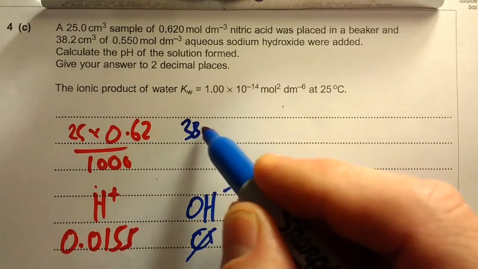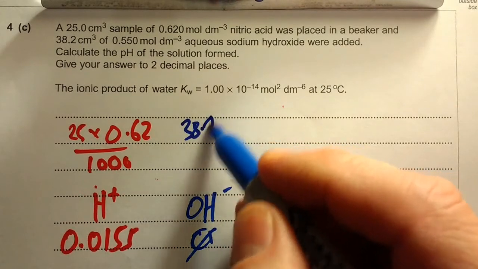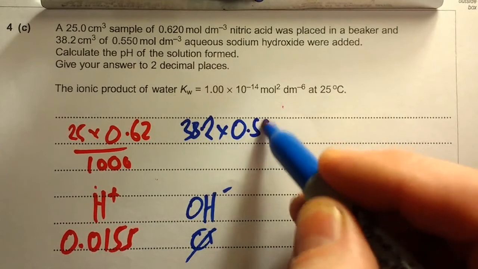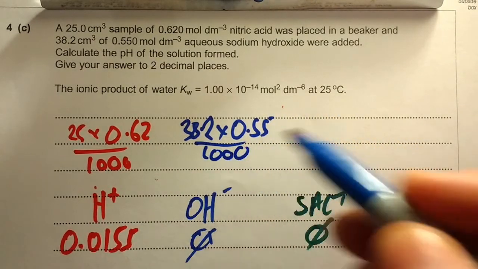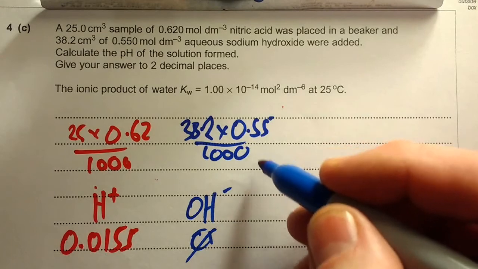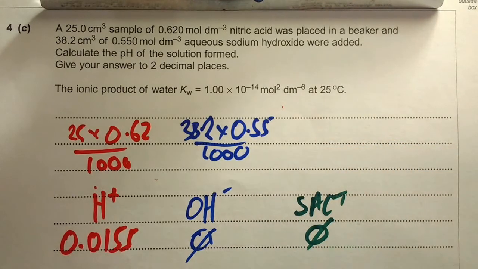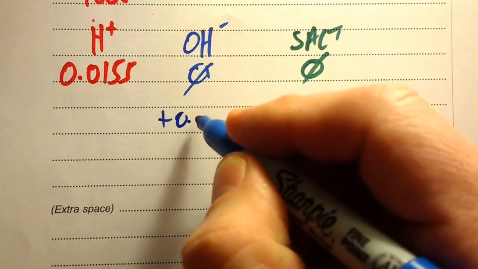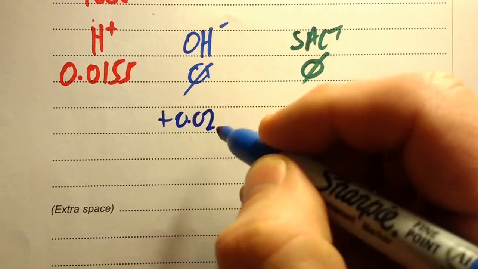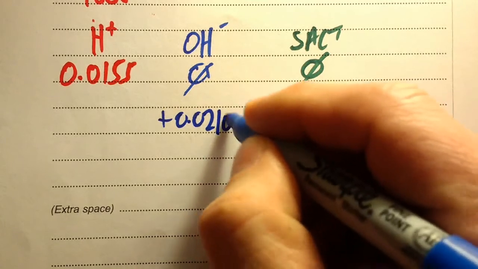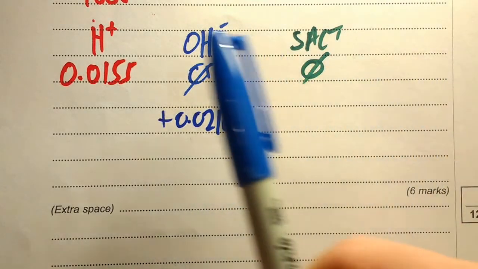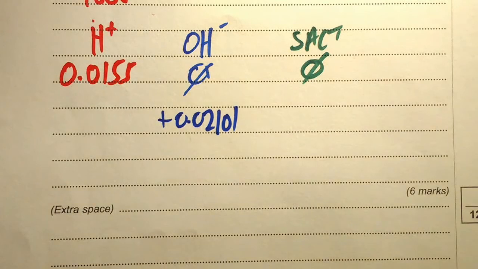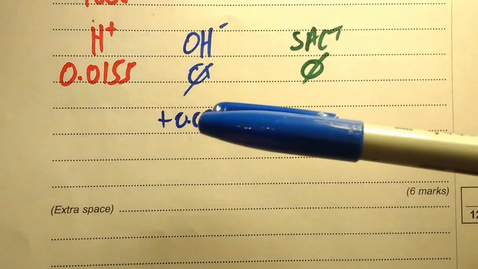So we've got 38.2 times 0.55 over 1,000. So that's how much we add, which is 0.02101. Because this is a 1-to-1-to-1, we're going to compare the acid and the alkali.